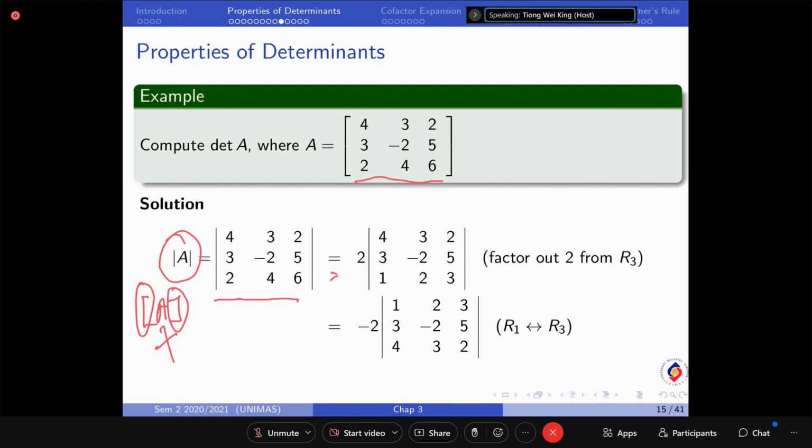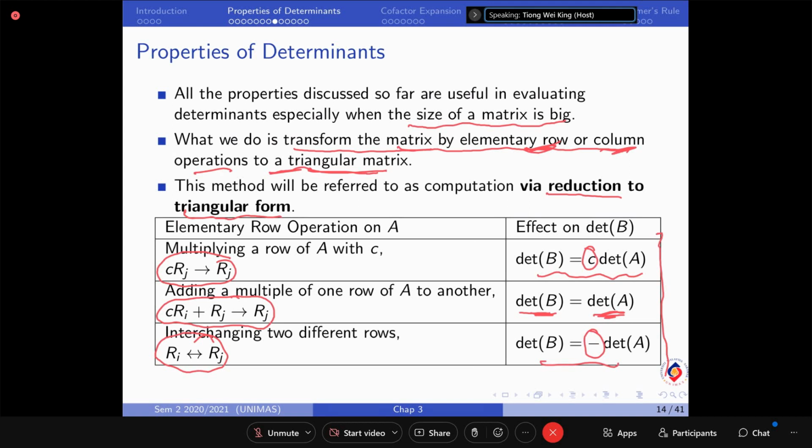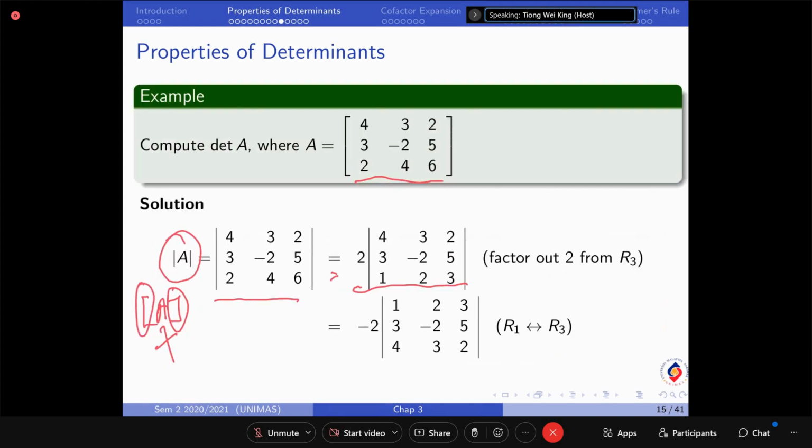Now the first step is we use the first property. It works like a factorization, like you factor out 2 from row 3. So 2 is the common factor for row 3. I want to factor it out so that I have 1, 2, 3.